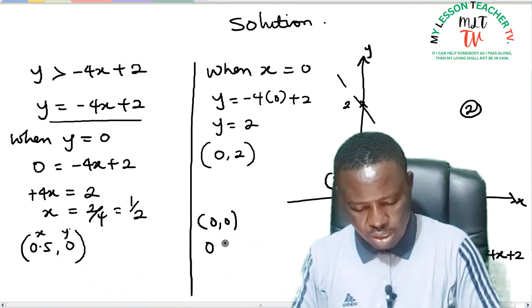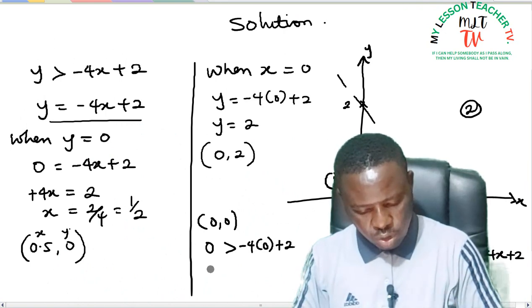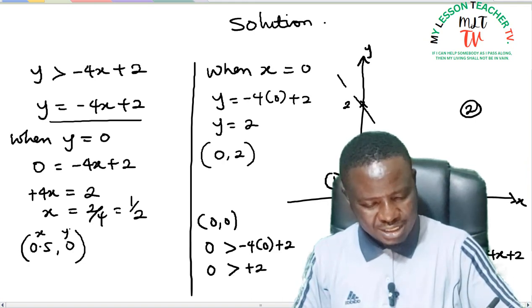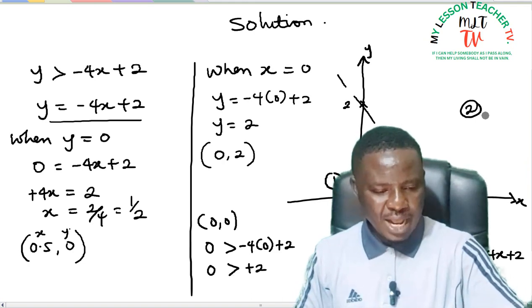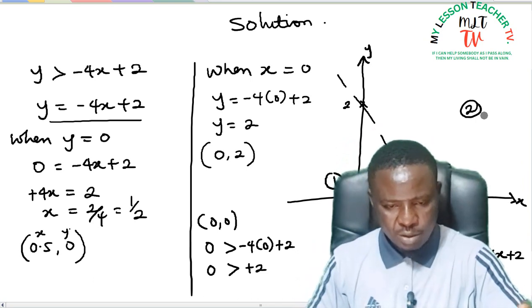Is 0 greater than minus 4 times 0 plus 2? Is 0 greater than plus 2? No. So it therefore means that this is not the region, rather region 2 is the solution of the inequality.